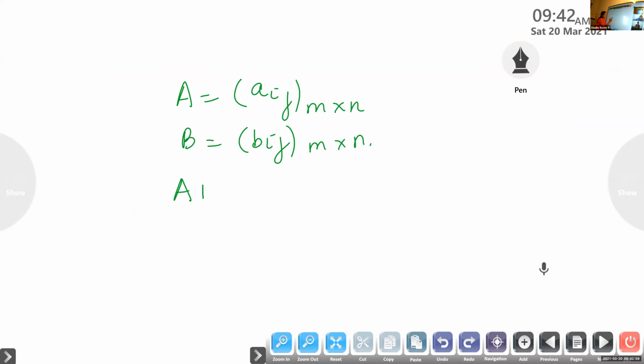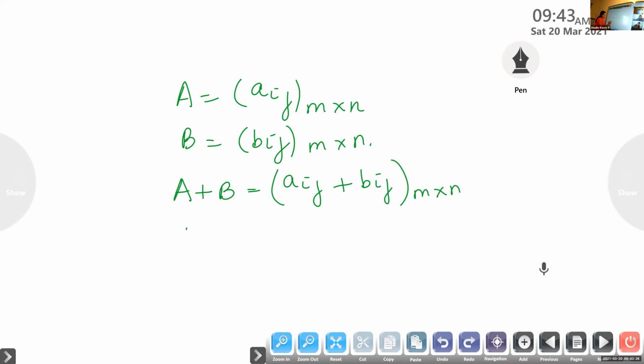Then we define A plus B. How do we add two matrices? We add the corresponding entries: Aij plus Bij, of order m by n.